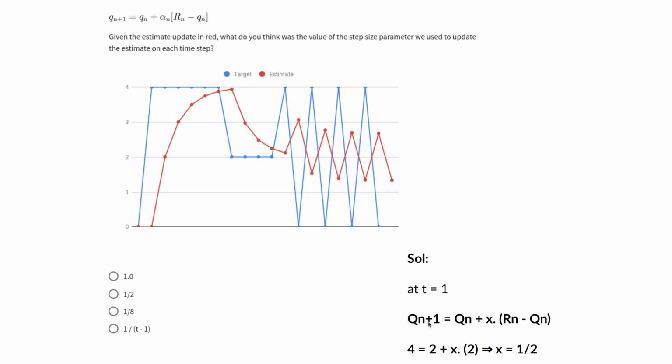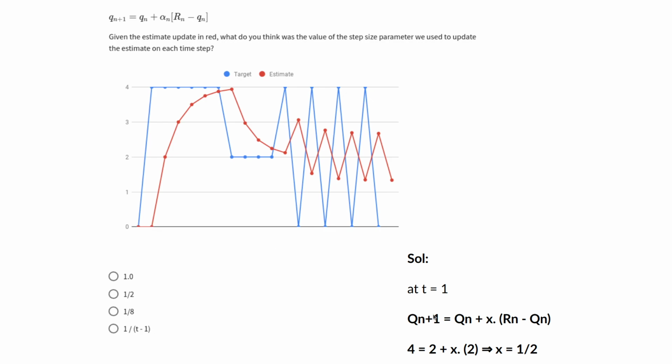See, the estimate was 4. 1 by 2 or 2? 1 by 2 or 1? I think it's 1, right? No, is it 1? I'm making some mistake maybe. Let me check. So I took t equals 1, that's fine. Okay, I'm making a mistake. At t equals 1, what is y?